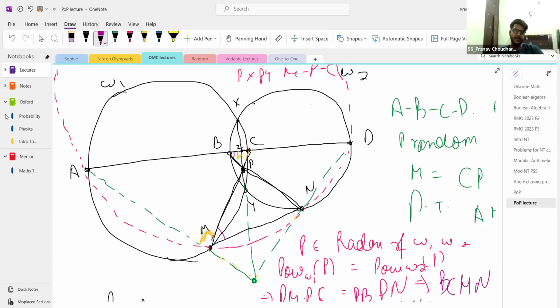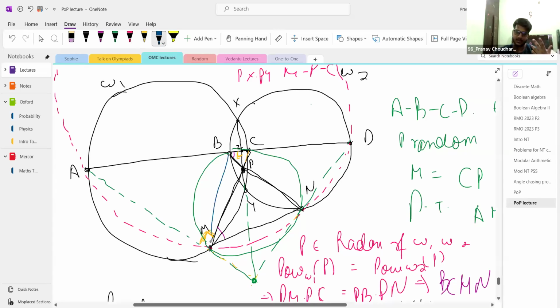Okay, so now I have BCMN cyclic, and I need to prove ADMN cyclic. How do I do this? Now it just feels like angle chasing. Up to angle chasing, you have so many circles.